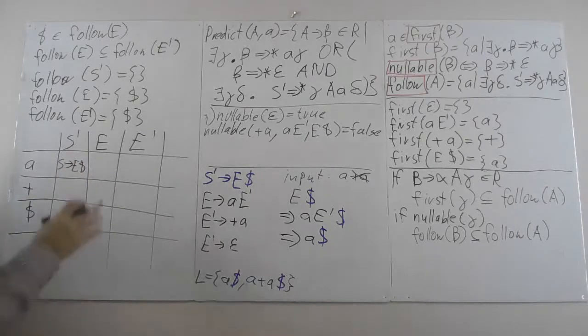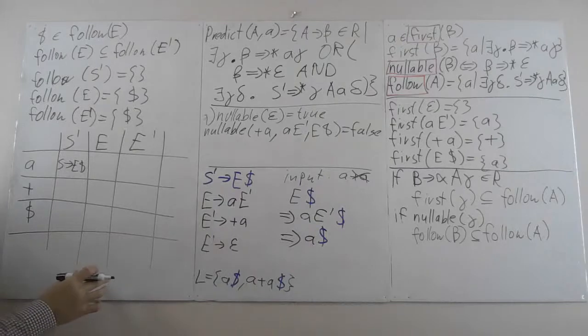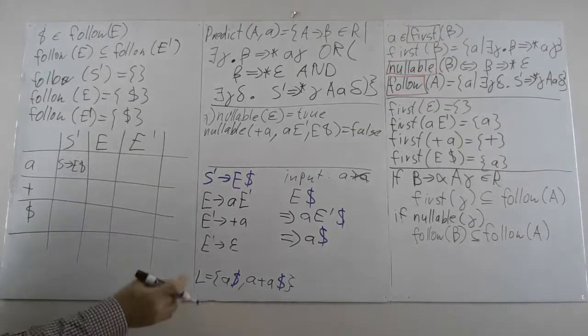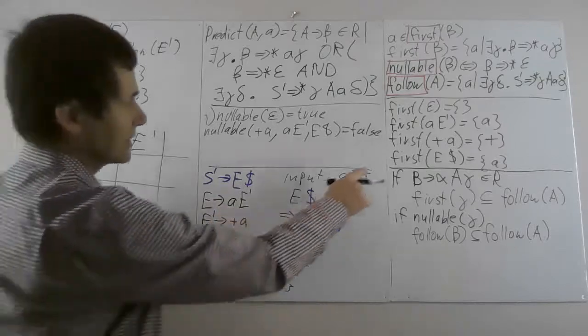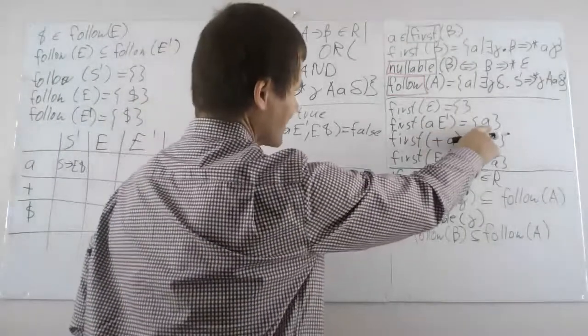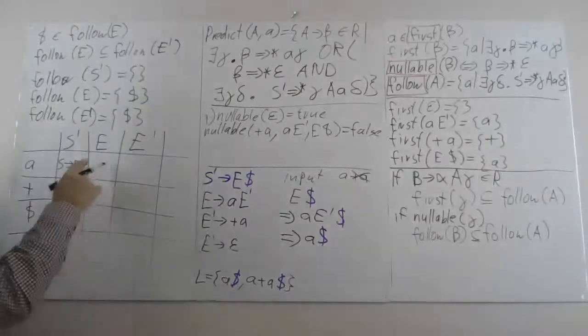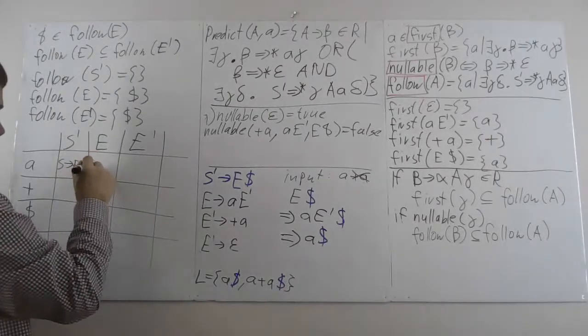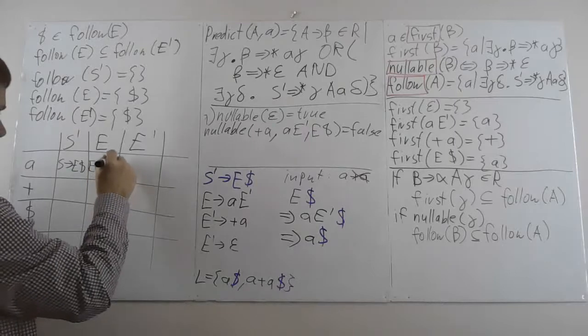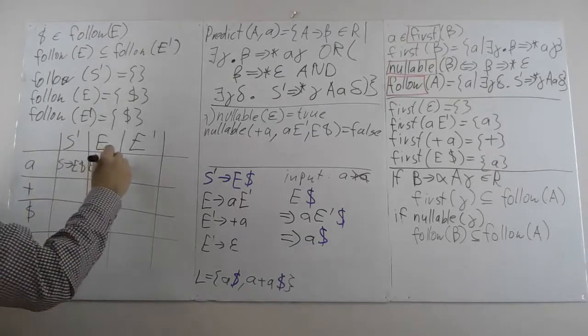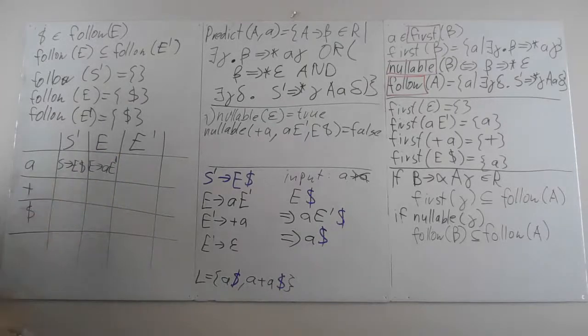All right. Now, same thing for E. We would ask, what are the symbols in the first set of AE prime? So the first set of AE prime is A. So for A, here we would expand, have that rule that says E goes to AE prime. And in the other rows, we have nothing.